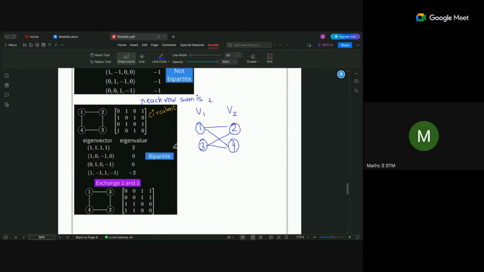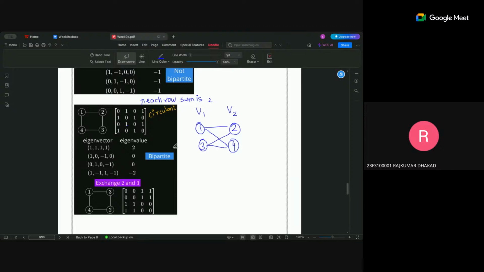So from that, what can you say about the adjacency matrices of bipartite graphs with an odd number of vertices? Suppose you have a bipartite graph where the number of vertices is odd. What can you say about the adjacency matrix? One of the eigenvalues is definitely zero. So this is one observation you can see. Is it clear?